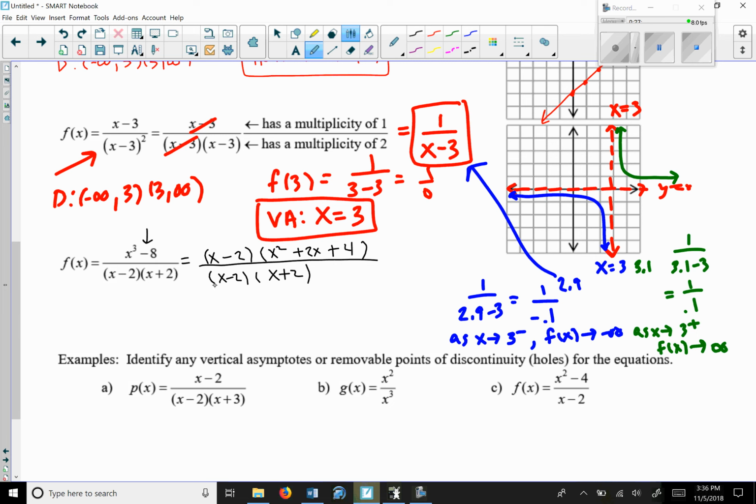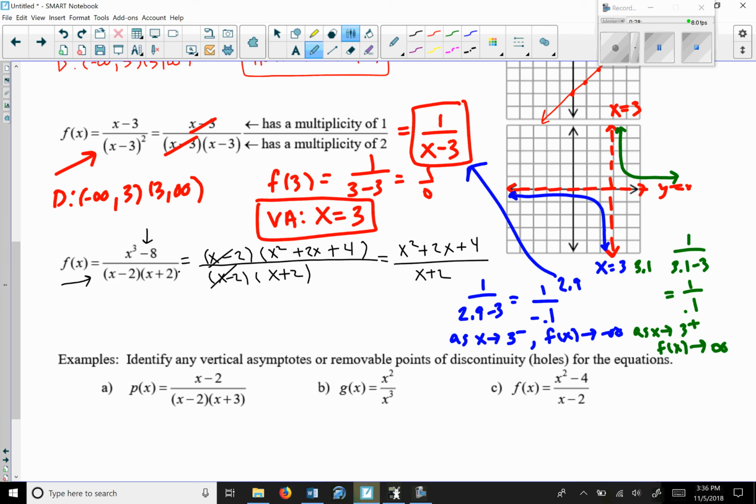And so notice that the x minus 2 from your numerator and denominator cancel out. So in my numerator, I'm left with x squared plus 2x plus 4. And in my denominator, just x plus 2. So we have to go back. What made my denominator from my original equation 0?